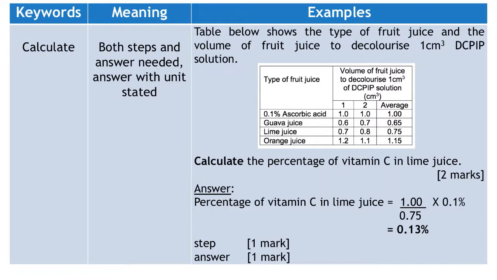We look at the next example. The table below shows the type of fruit juice and the volume of the fruit juice to decolorize 1 cm³ DCPIP solution. Calculate the percentage of vitamin C in lime juice.